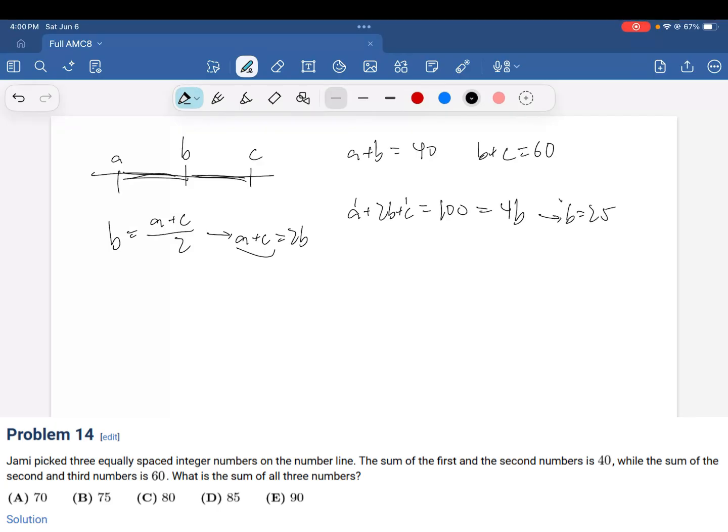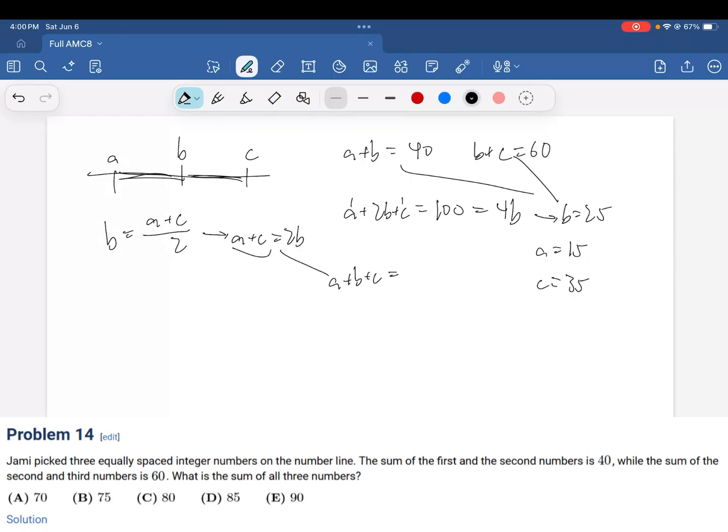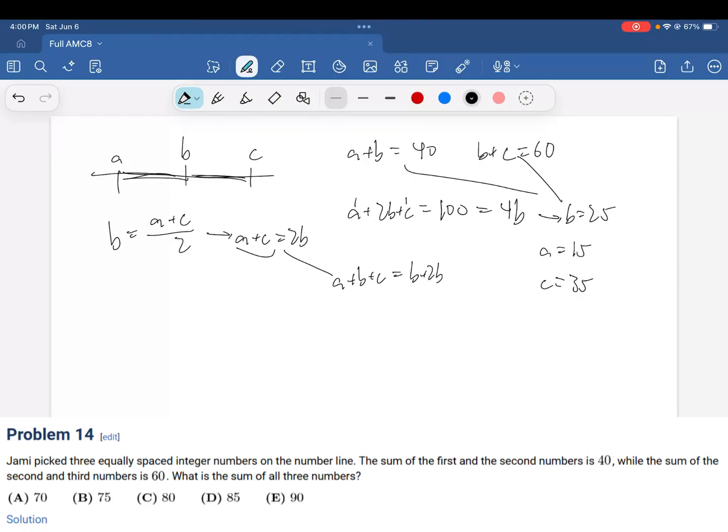And from this, you can just plug this into these 2 equations to get A equals 15, C equals 35, right? And we actually don't need to find A and C because A plus B plus C is what they're asking for. Once again, we can just substitute this to get B plus 2B equals 3B, and B is 25, so this is 75. So our answer is B, 75.